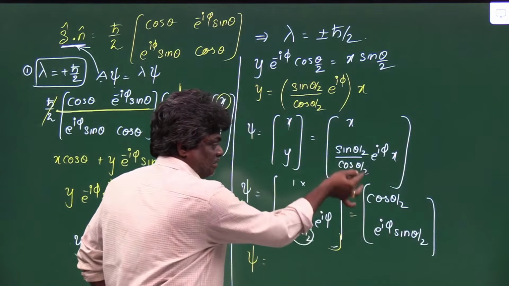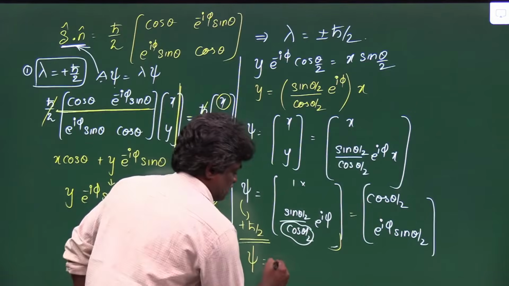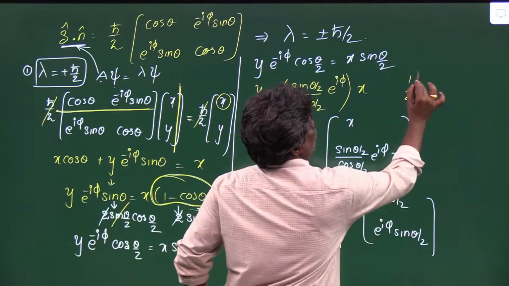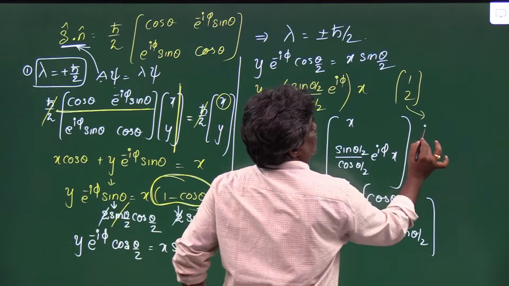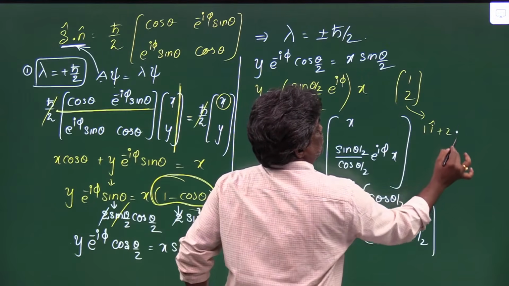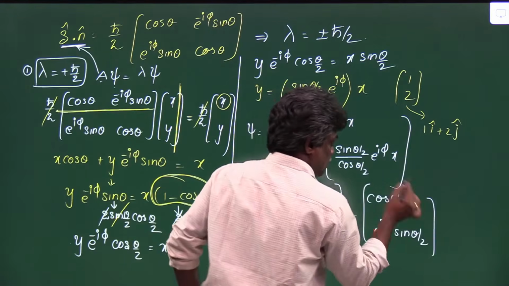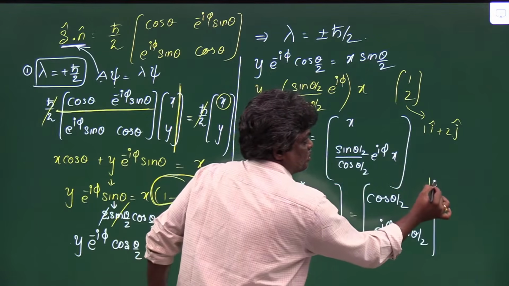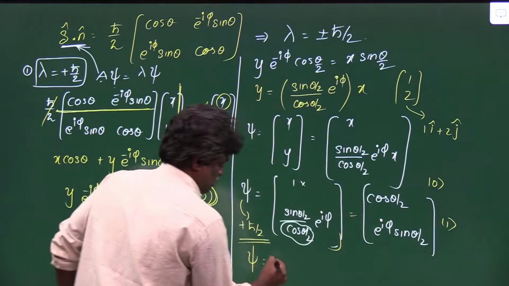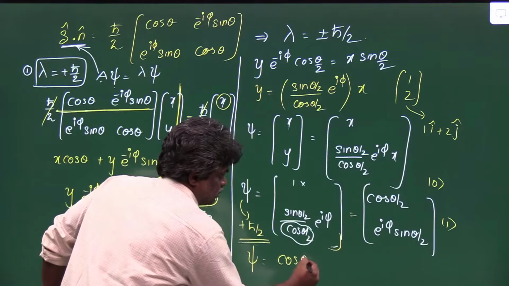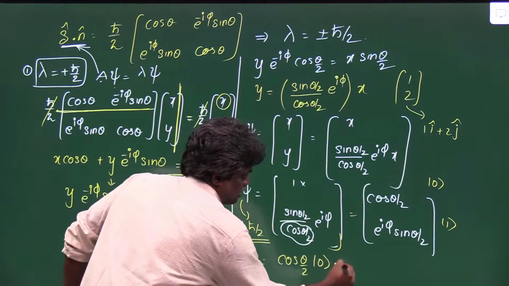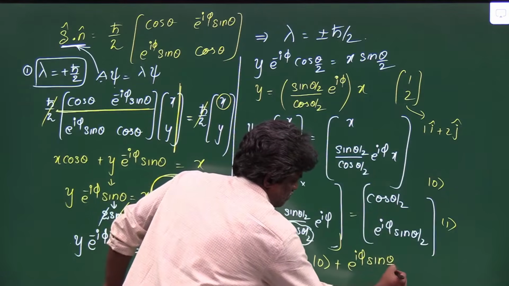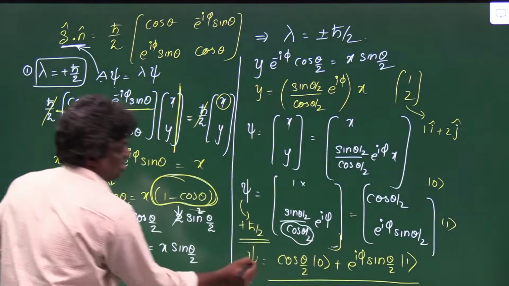Now write this vector as a linear combination. Linear combination means, for example, if you have 1, 2, how will you write the vector? 1 i cap plus 2 j cap. But in quantum mechanics, what are the basis states? 0 and 1. So cos theta by 2 goes with 0 plus e to the power of i phi sin theta by 2 goes with 1.